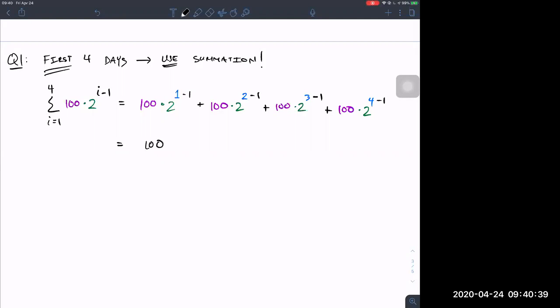This becomes 100. This becomes 200, then 400, then 800. You're adding all those results together.